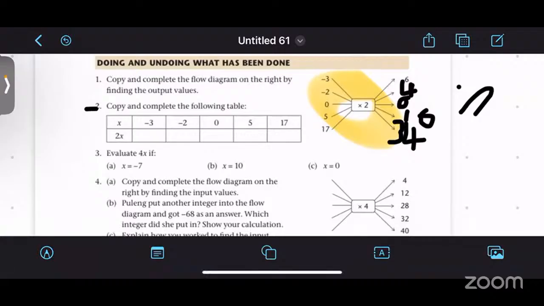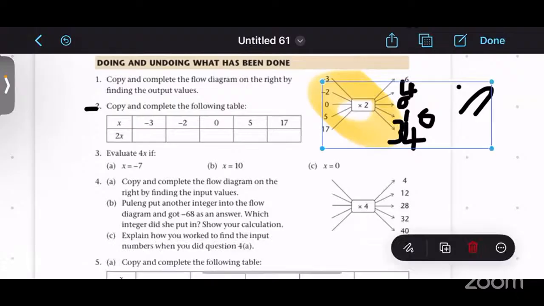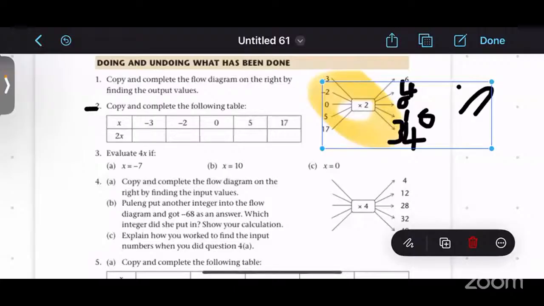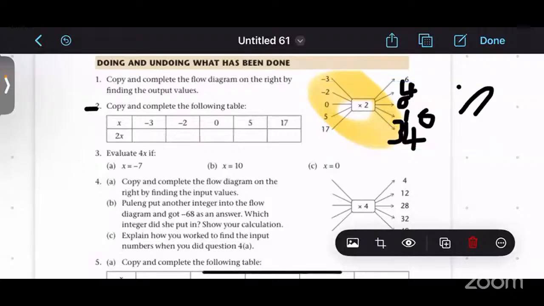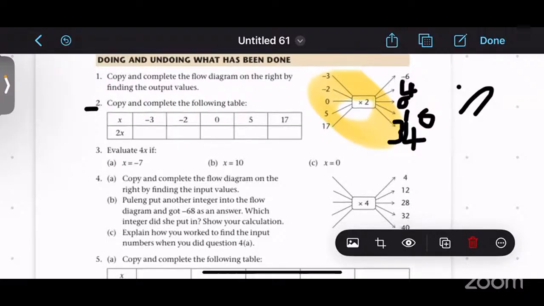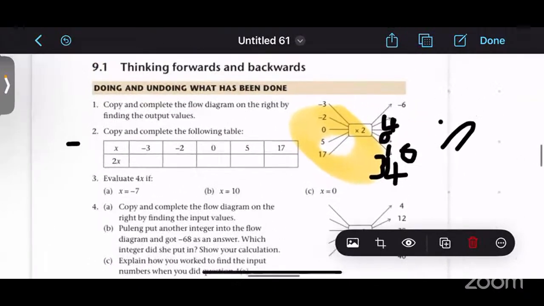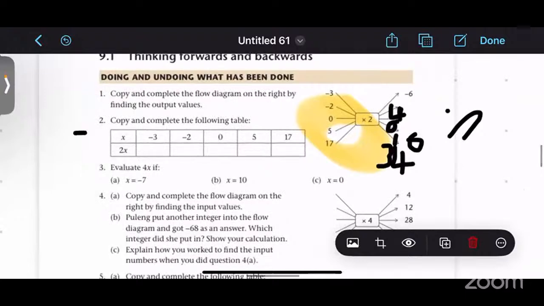The rule is still 2x, 2 multiplied by x. The x values are also the same, so whatever you find for these values, the input values are going to be the same as the output values for this one, because it's one and the same thing.